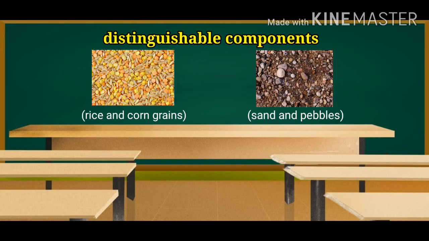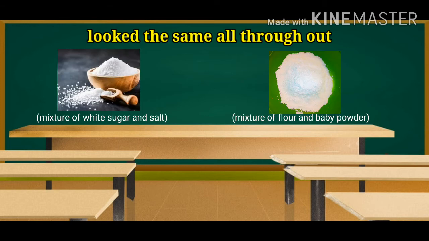Wow! You're right! The mixtures with distinguishable components are the mixture of rice and corn grains and the mixture of sand and pebbles. On the other hand, the mixture of sugar and salt and the mixture of flour and baby powder look the same all throughout.